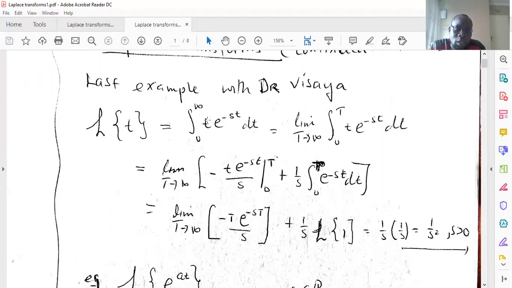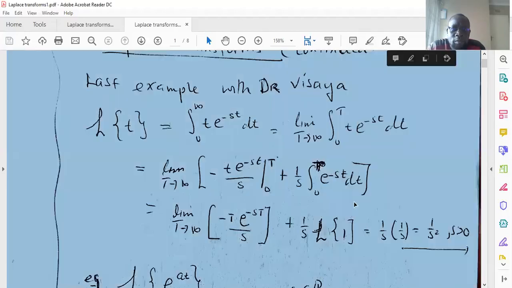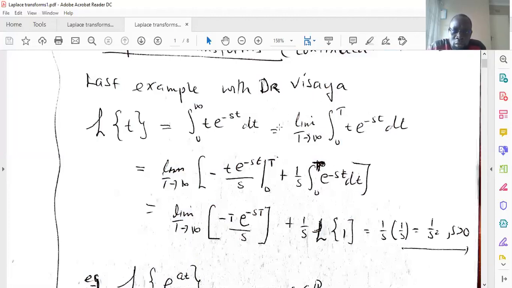Then you just go and substitute where there was f of t in the definition of the Laplace transform. And then you solve the improper integral by introducing limits.